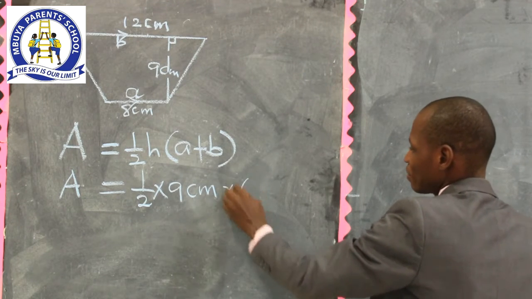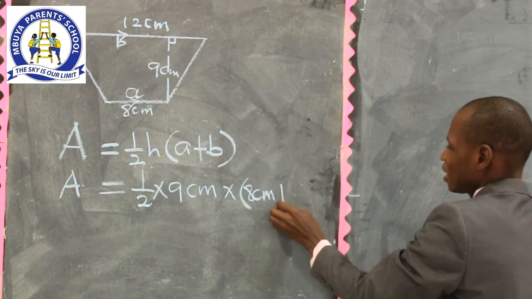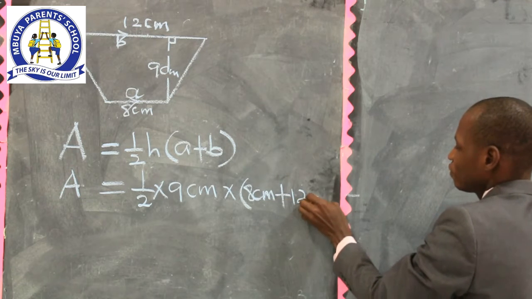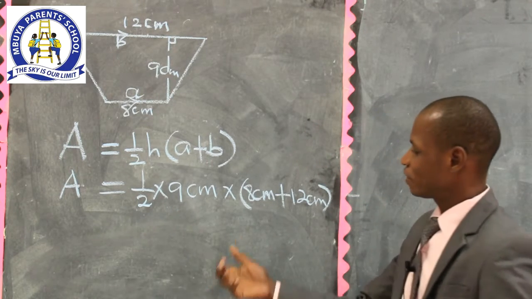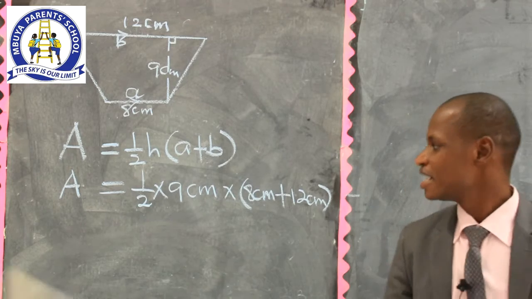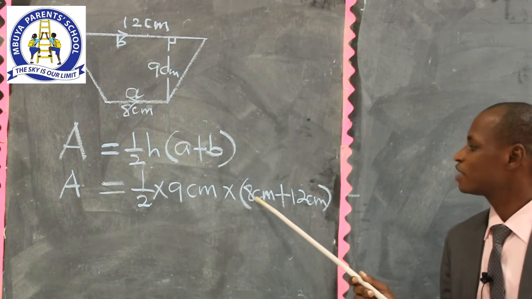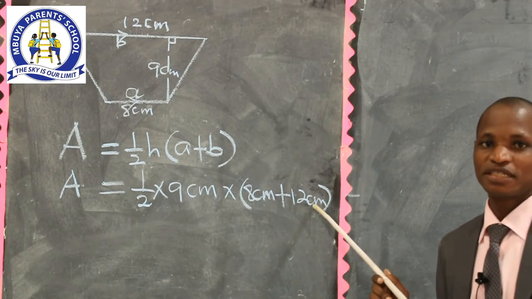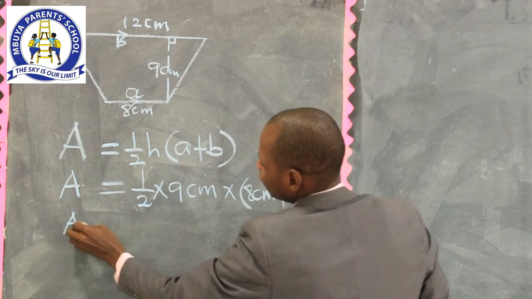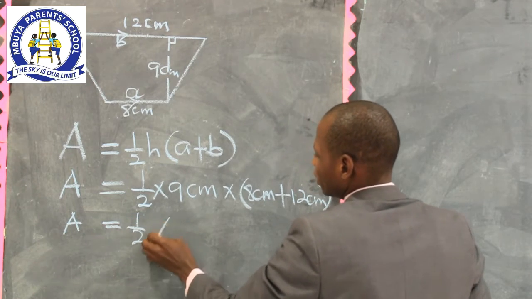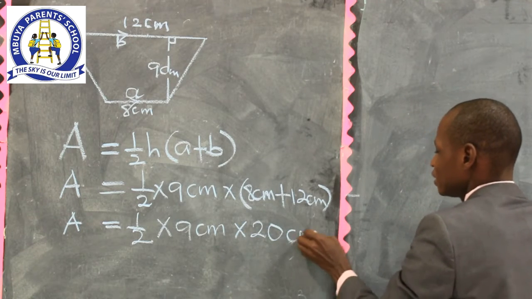We shall multiply by the sum of A, which is 8 centimeters, and 12 centimeters. We shall not cancel at that very level because the 9 is not a multiple of 2. That means you shall have first of all to get the sum of 8 and 12, which is, of course, 20 centimeters. We are having A for area as a half times 9 centimeters, then multiplied by 20 centimeters.